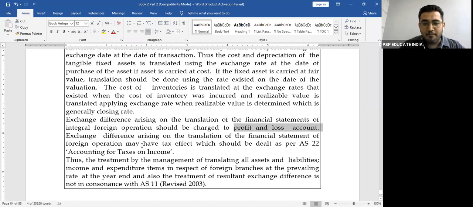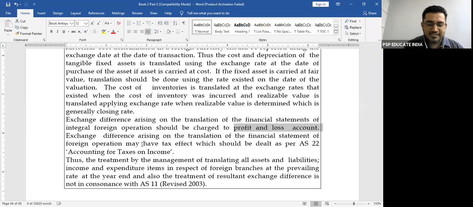Thus, the treatment by the management of translating all assets and liabilities, income and expenditure in respect of foreign branches at the prevailing rate at the year end, and also the treatment of resultant exchange difference is not in accordance with accounting standard 11. So both the treatments given in the question are incorrect.